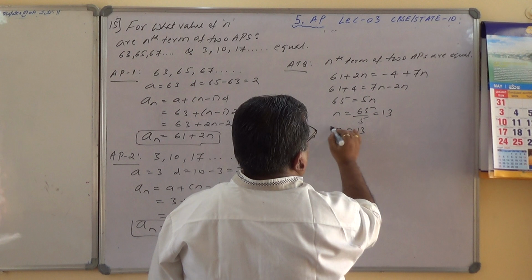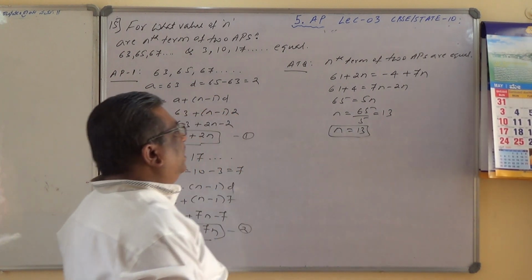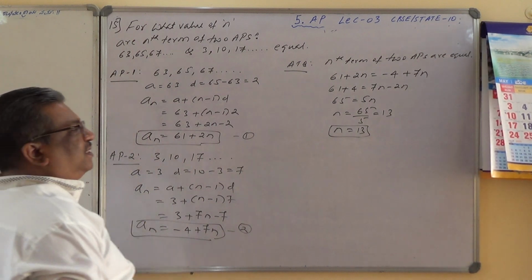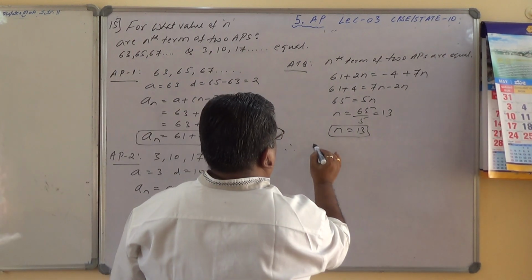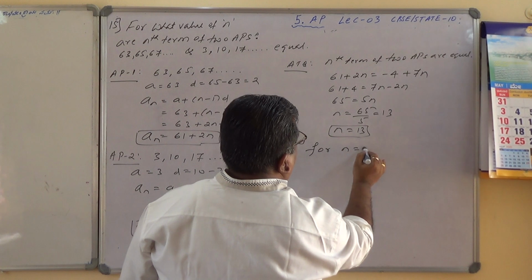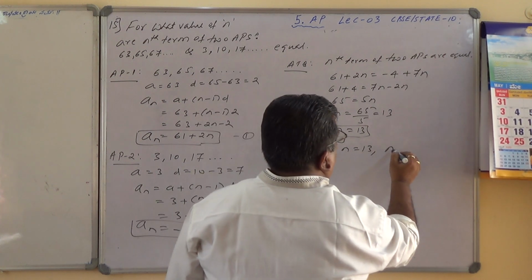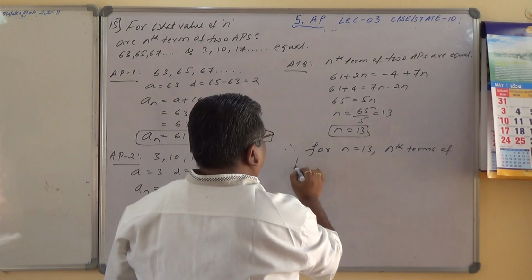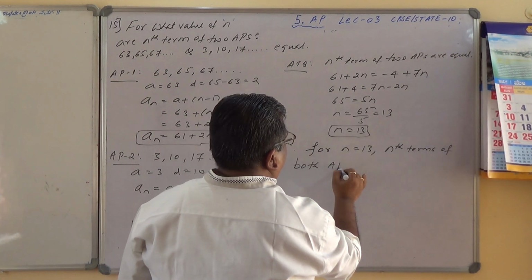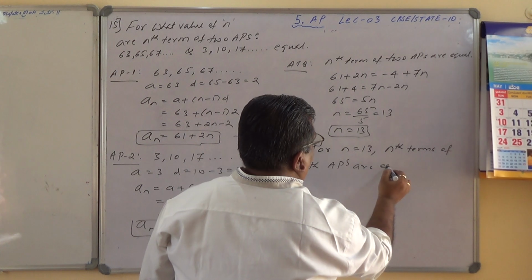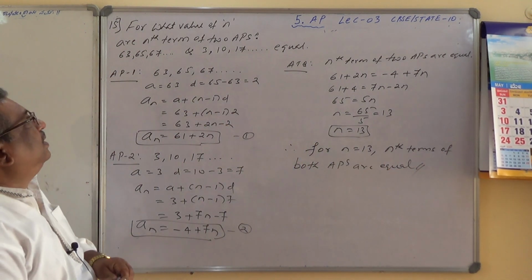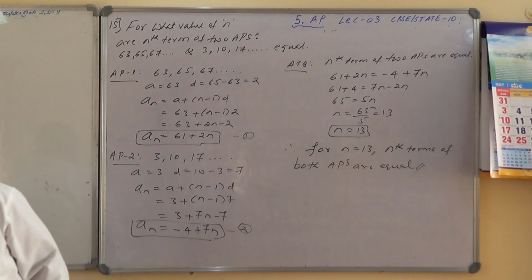Therefore, for n equals 13, the nth terms of both the APs are equal. Let us check the answer. Okay, correct.